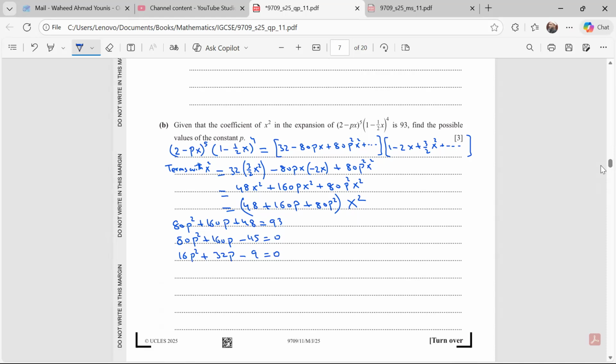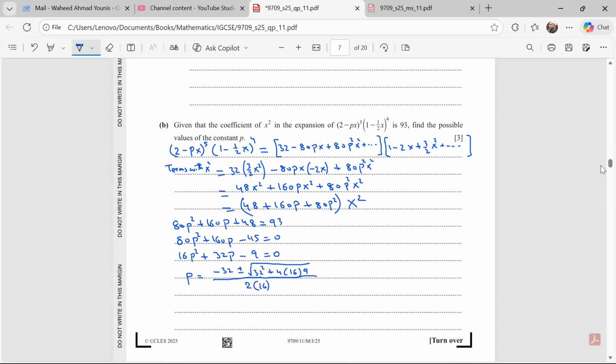So this is a standard quadratic equation. Now, in order to solve it, I will use the quadratic formula. p equals minus b plus minus the square root of b square minus 4ac, where c is minus 9, so it will become plus 9 here, divided by 2a, so 2 times 16.